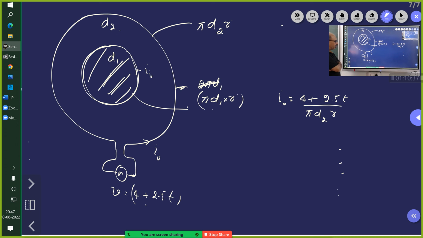Will it be more useful? Do the way you want. But here they have not told us small loop and all. Correct? The loop is quite big.